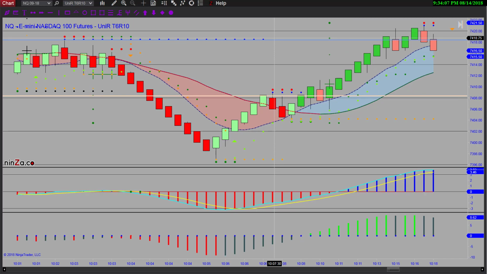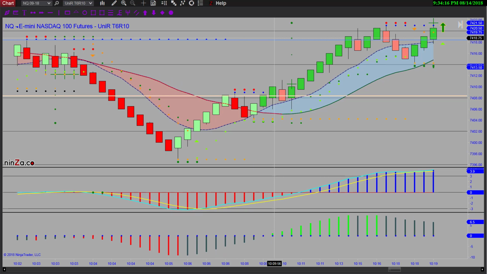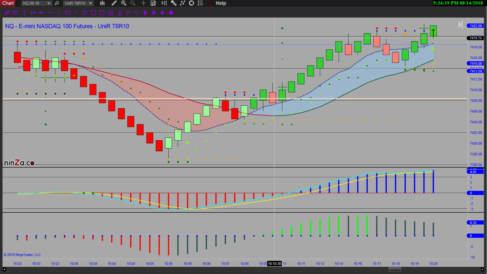We're watching for the break, then the pullback, and then the break on the second time for the entry. All right, you can see from the arrow, that's where I entered.